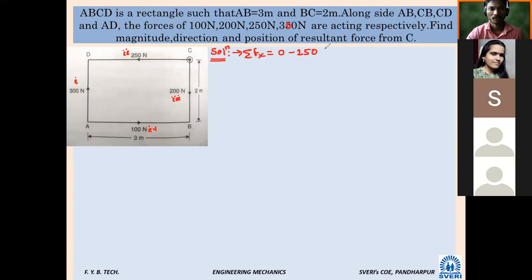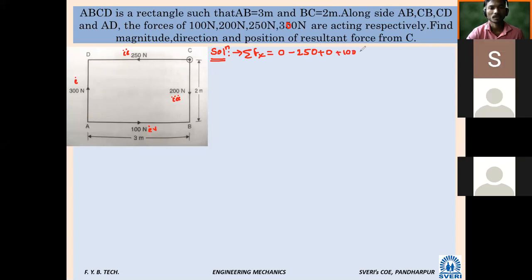Why is it 0? Because it is vertical. X component of force number 4, 100 Newton, plus or minus? Plus 100. Tell me the total. Minus 150 Newton.